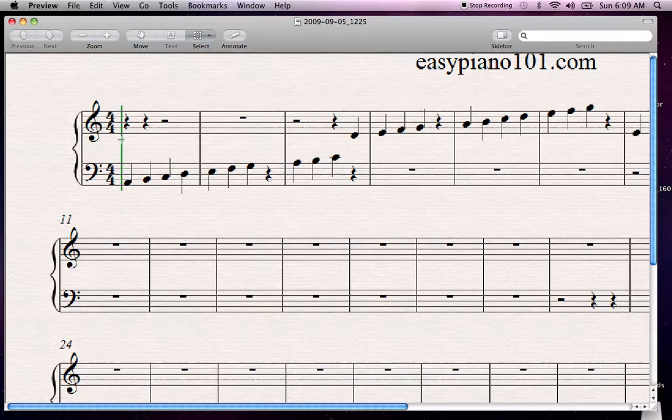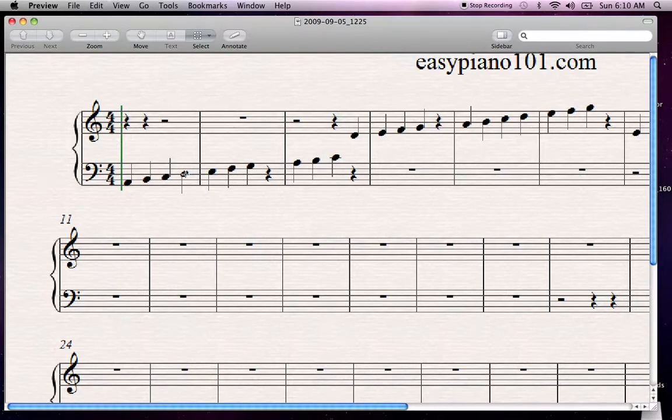But that can be 2/4, or you can have 4 whole notes, or 2 whole notes. 2/2 would be 2 half notes. See, so it can be over 3/4, or many different time signatures.